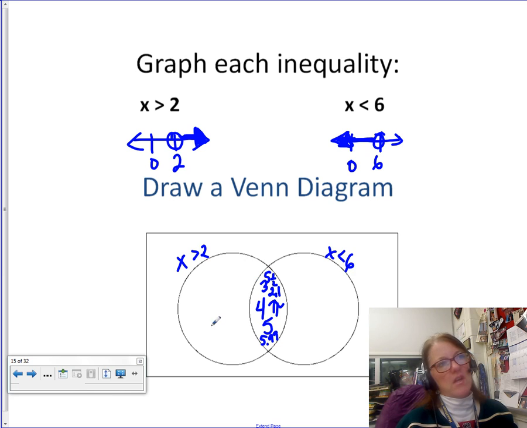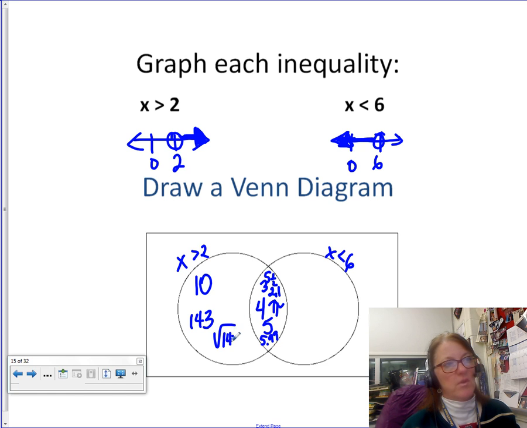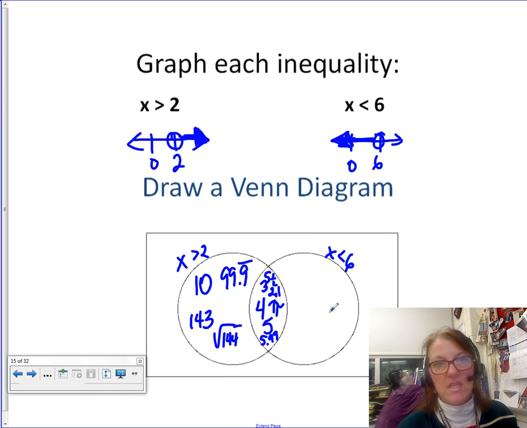Out here, what are numbers that are bigger than 2 that aren't less than 6? Like 10 or 143 or the square root of 144, 99.9 repeating. Okay, there's all kinds of things up here. Likewise, there are numbers that are smaller than 6 that aren't bigger than 2.